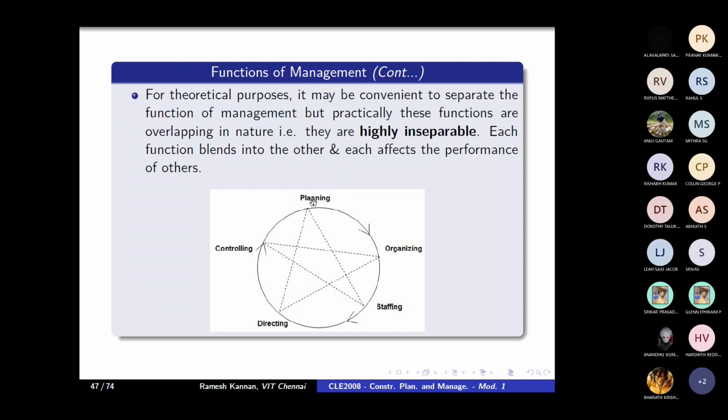For example, you can draw a triangle with the planning vertex at the top, and two bottom vertices correlated to it. Planning can influence directing as well as staffing. Organizing can influence controlling as well as directing. Staffing is directly related to planning and directing. And controlling relates to staffing and organizing.